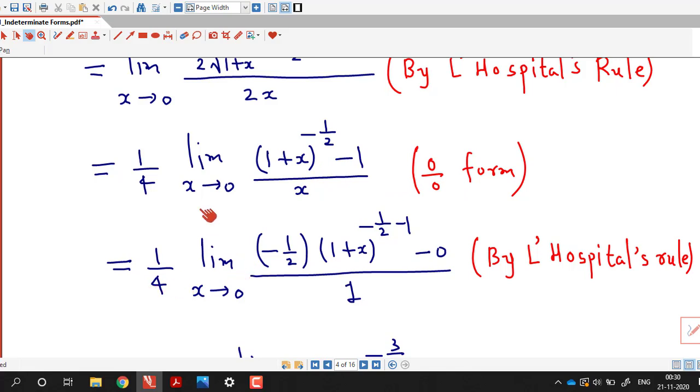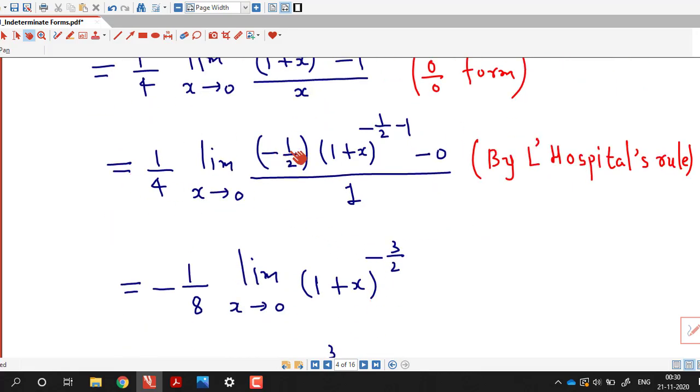So this is equal to now 1 by 4 limit x approaching 0. Derivative of 1 plus x raised to minus 1 by 2 is minus 1 by 2, 1 plus x to the power minus 1 by 2 minus 1 into derivative of 1 plus x, which is 1. Derivative of 1 is 0, and here in the denominator I have written derivative of x, which is 1.